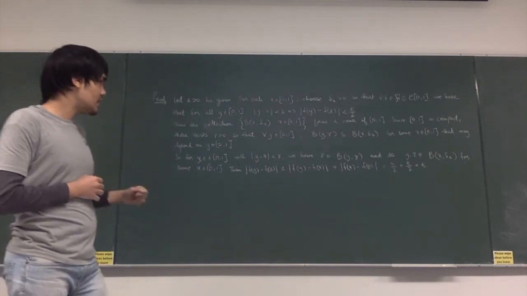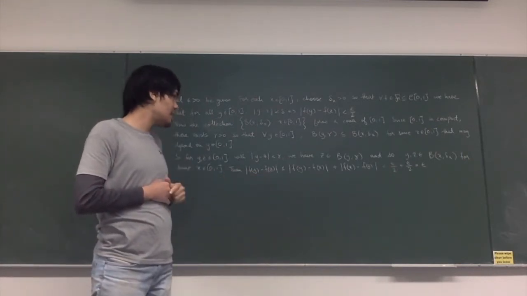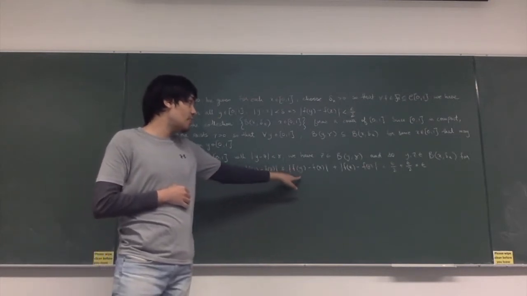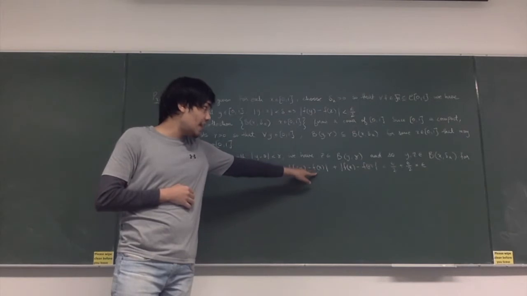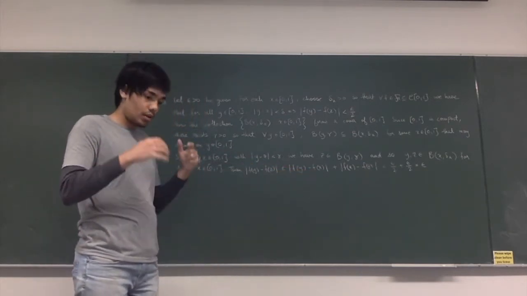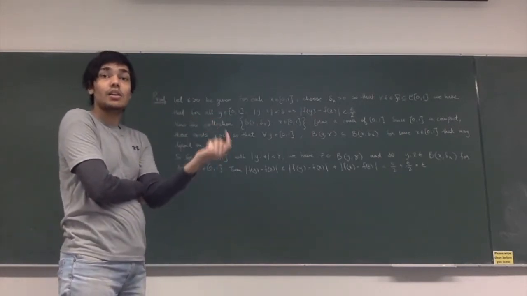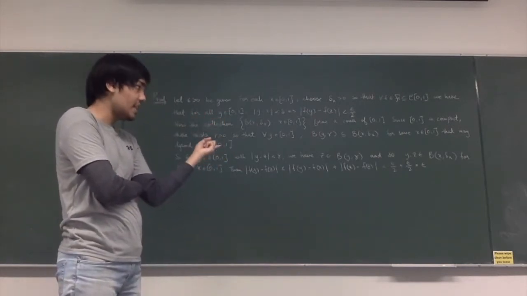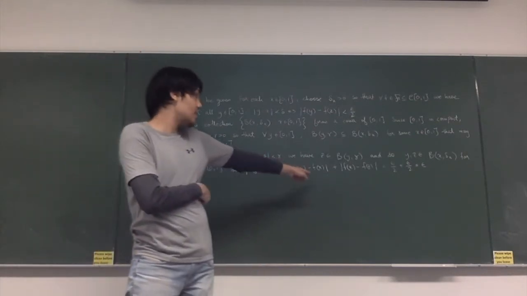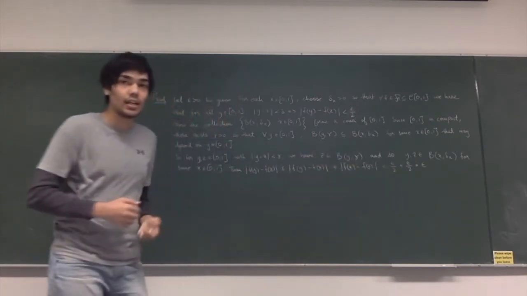And then we see that the distance between the image points f(y) and f(z), using the triangular inequality, is less than or equal to |f(y) - f(x)|, where x is the center and delta_x the radius of the ball that contains y and z, plus |f(x) - f(z)|.